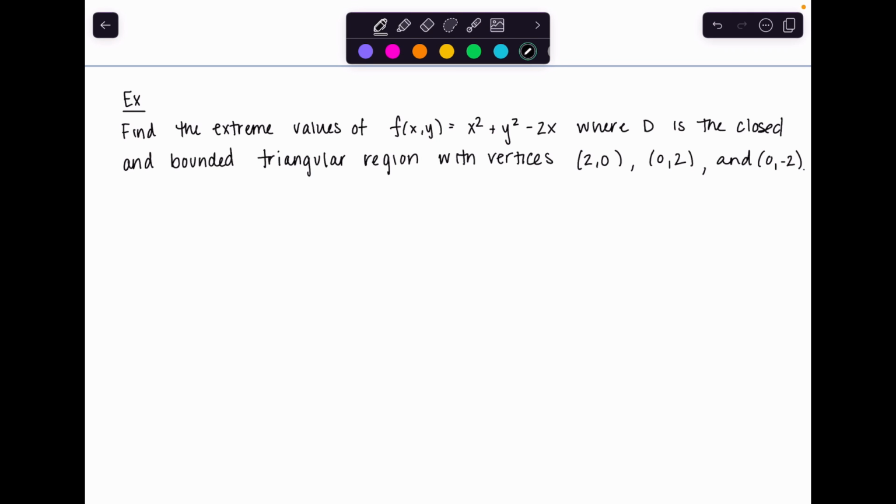So first thing I'm going to do is find what is this region D, because it just gives me points for my triangle.